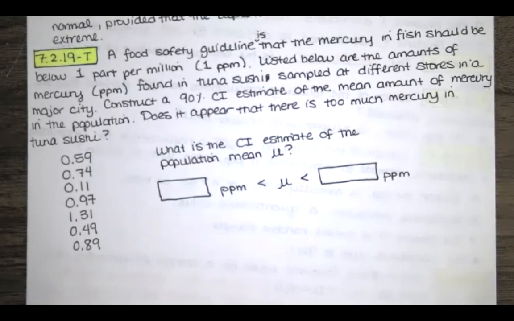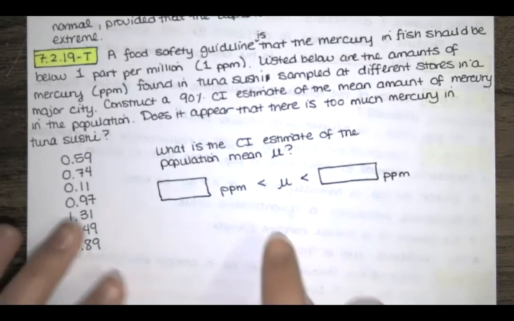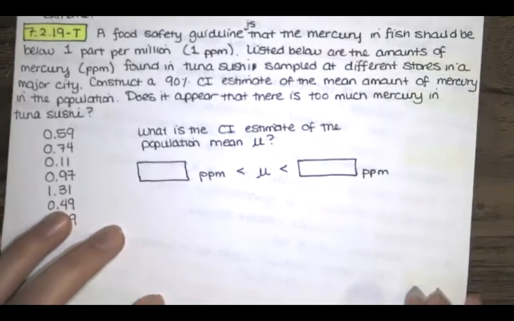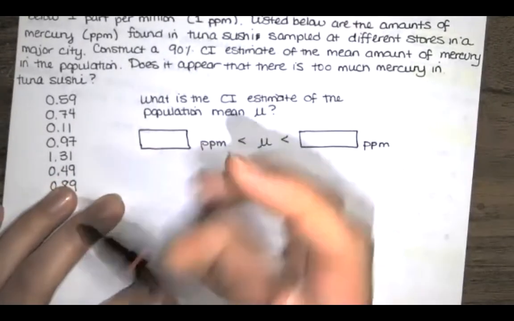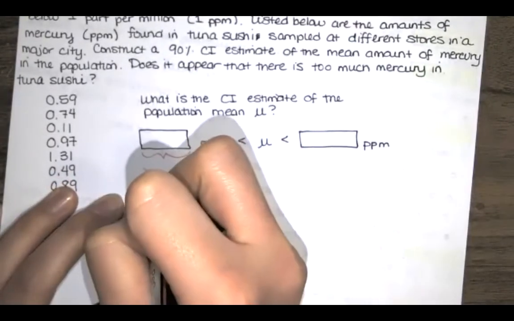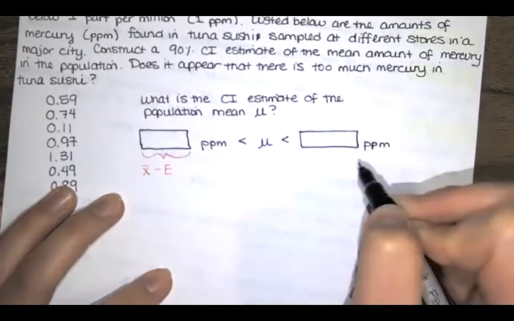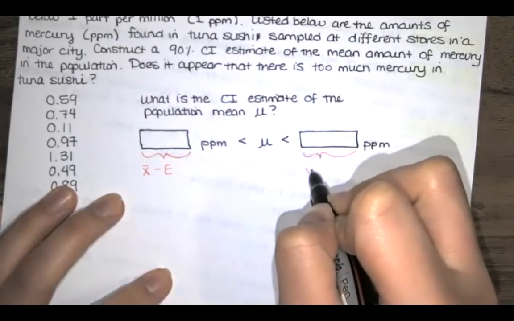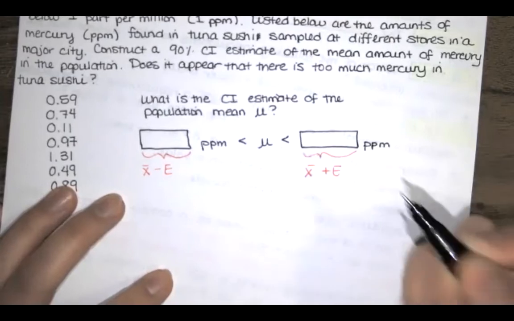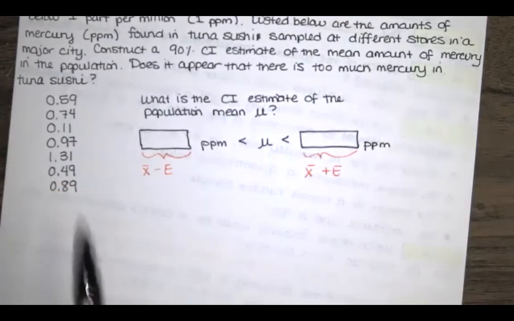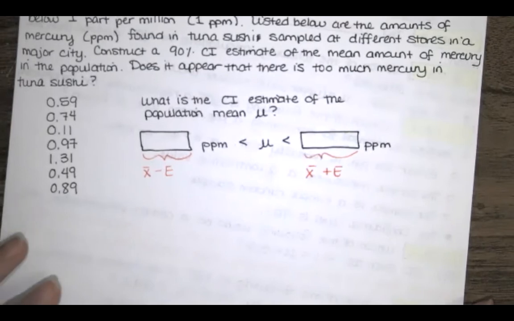All right, now we know that our confidence interval estimate of the mean has this form: x bar minus the error, and this is supposed to be x bar plus the error, provided that we have a simple random sample, and we will just assume that we have a simple random sample.